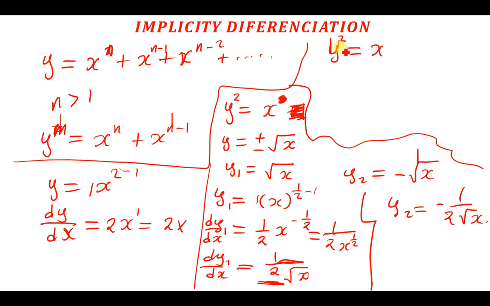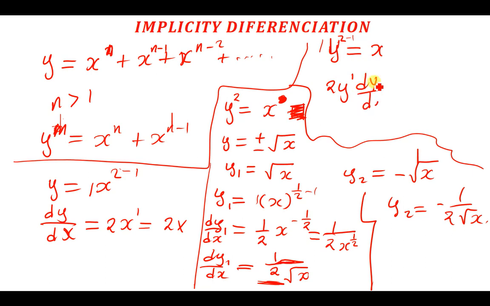If you're using implicit differentiation, it means that we differentiate this y the normal way we differentiate x. So when you differentiate this, we say 2 times the coefficient of y, which is 2, and then y, and 2 minus 1 simply gives 1. Then we say dy/dx.